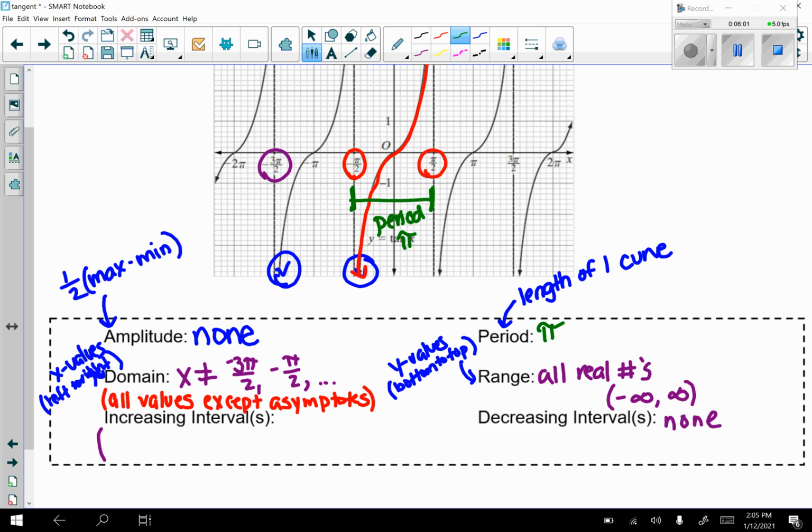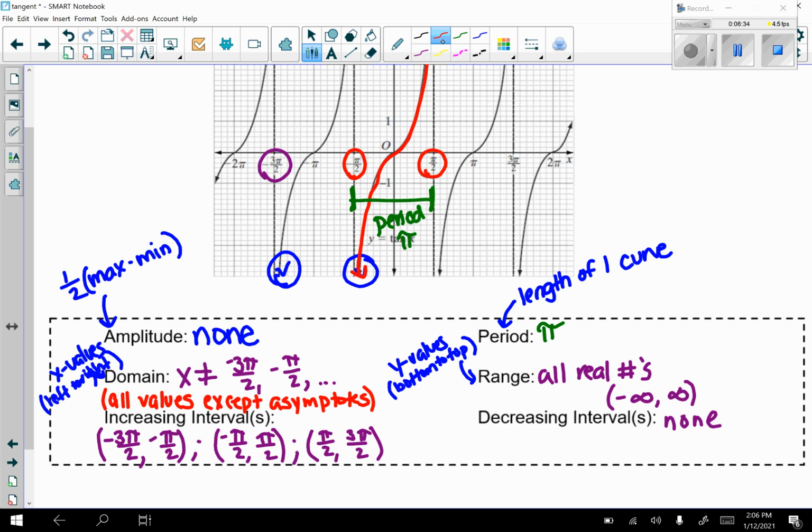So from negative 3 pi over 2 to negative pi over 2, also from negative pi over 2 to pi over 2, also from pi over 2 to 3 pi over 2. And it's going to continue over and over and over again. Because just like sine and cosine, the one thing that they do have in common is that it's a repeating pattern.